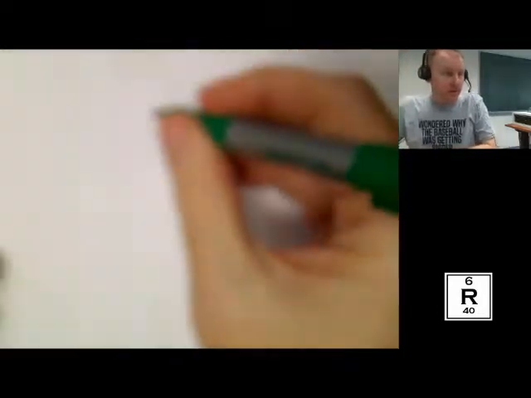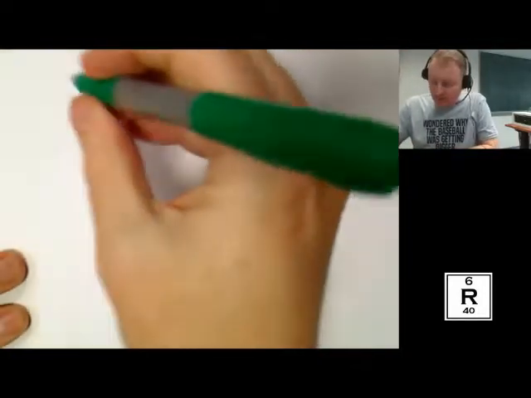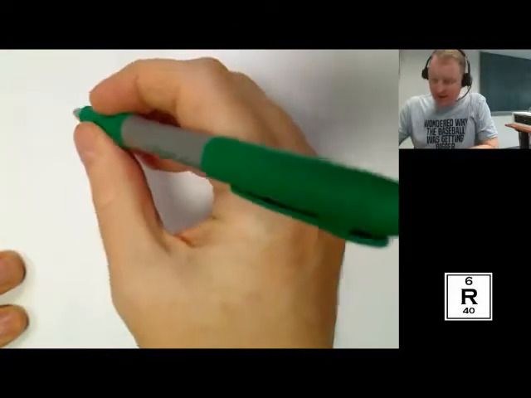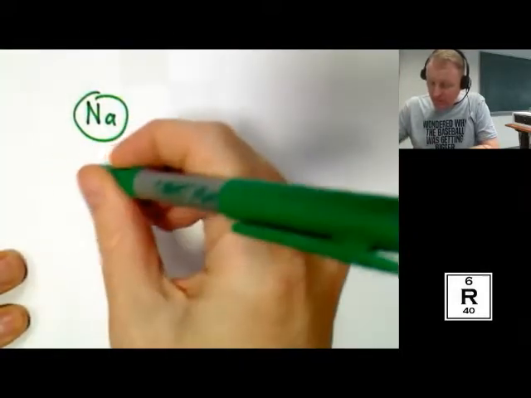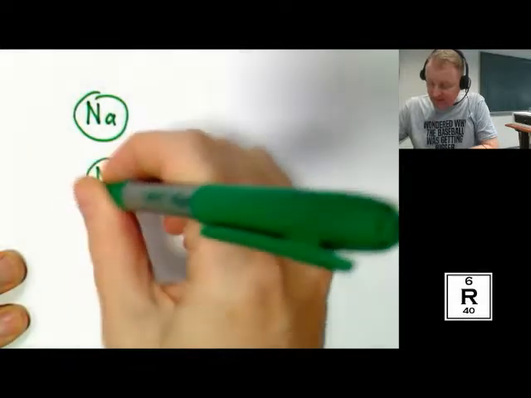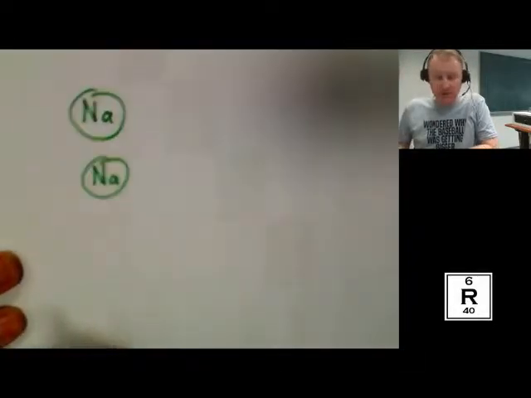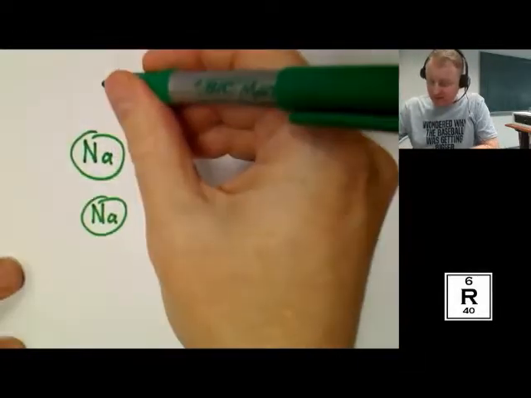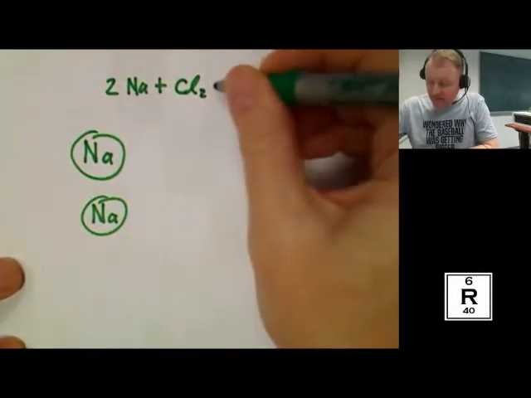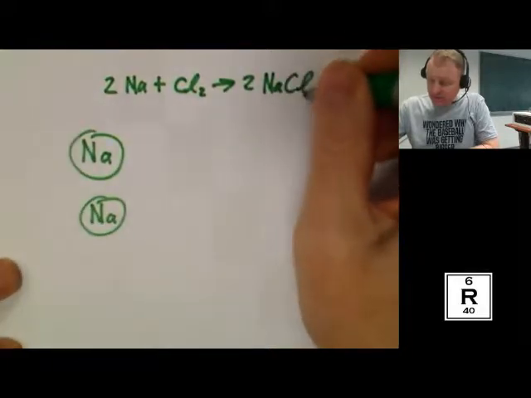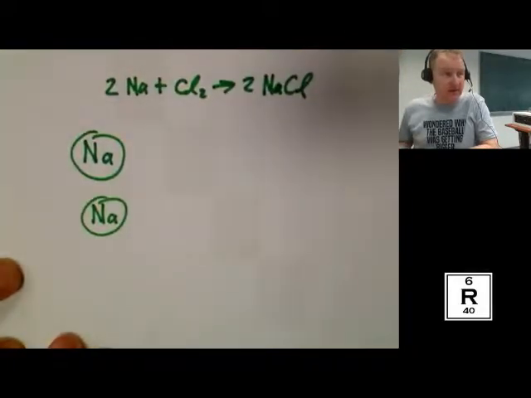What 2Na means is that you have sodium twice. You have two sodiums. And by the way, this is for the reaction 2 sodiums plus chlorine yields 2 sodium chlorides.